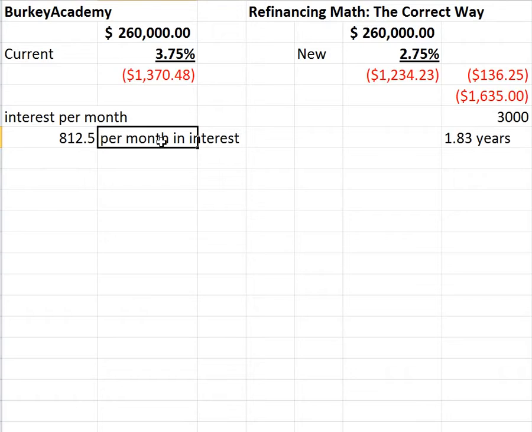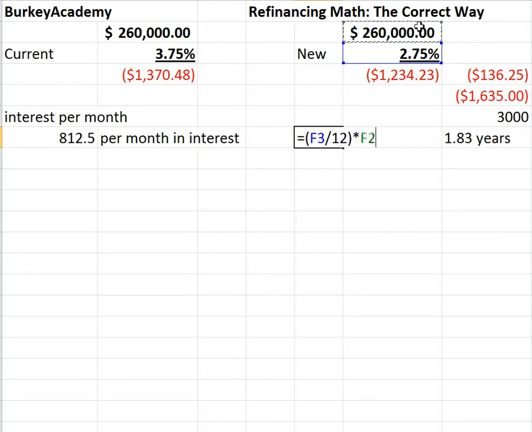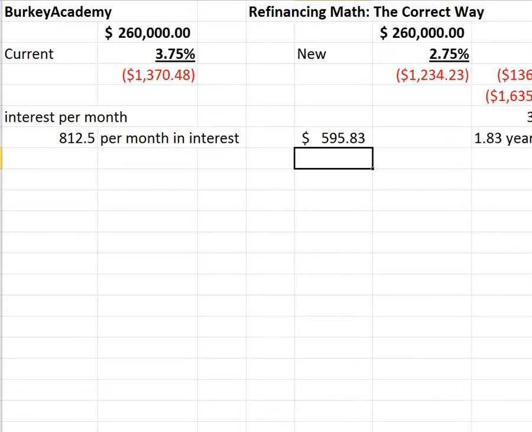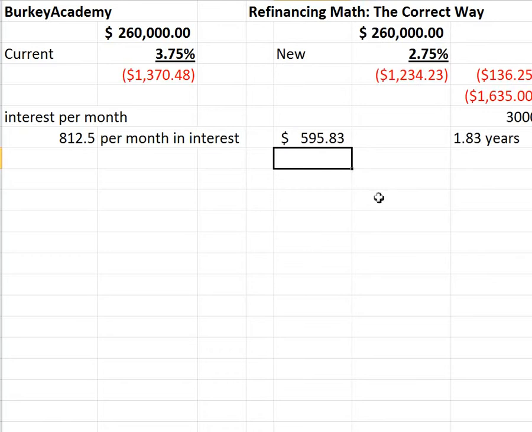Currently, with a 3.75% rate. Now, if I lower my rate to 2.75%, let's calculate that again. Now it equals 2.75 over 12 times 260,000. All right, how wide do I have to make this to where we can see it? $595.83 per month.